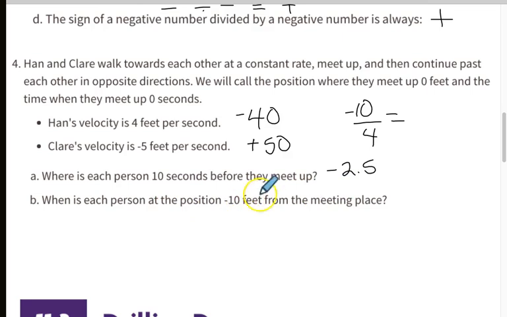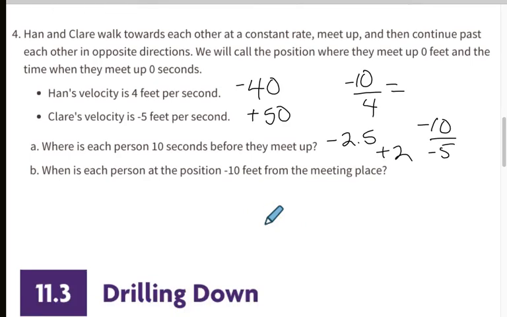And then for Claire, she is negative 5 per second. And it's negative 10 feet, so negative 10 divided by negative 5 is positive 2. That's when each person would be negative 10 feet from the meeting place.